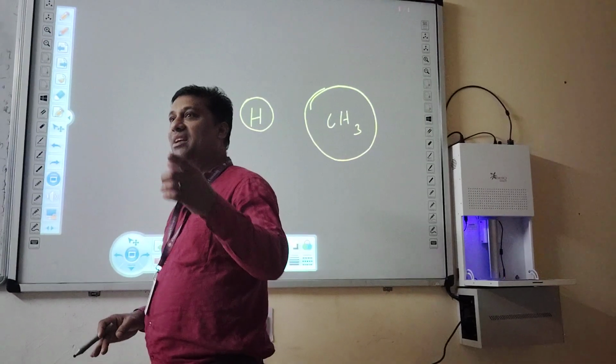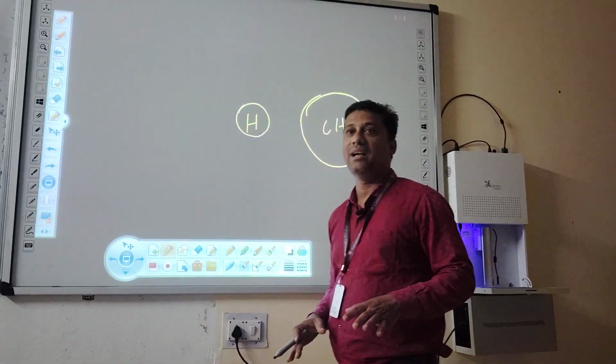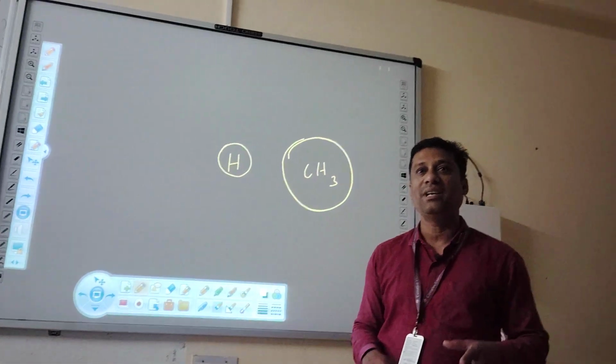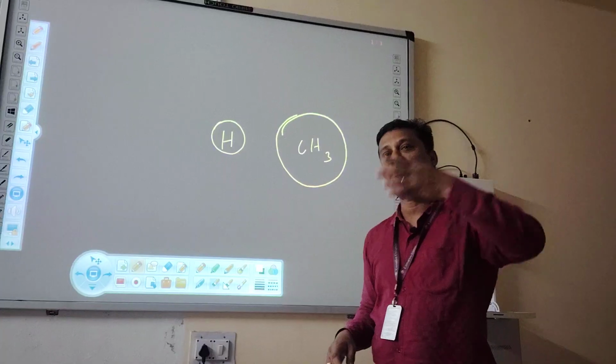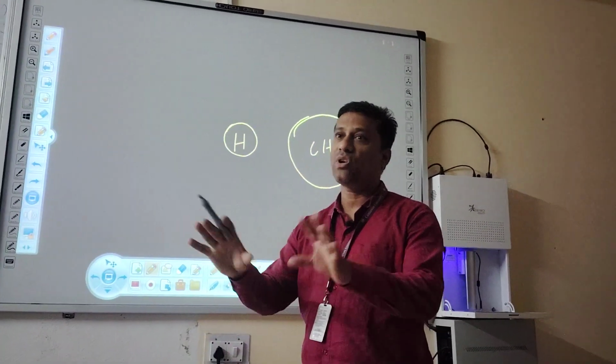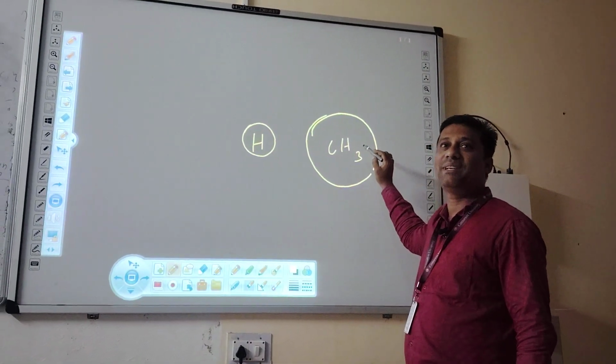That means you are at Gopalpur and there is a function there. At the time of any function, Durga Puja or Kali Puja, it is more crowded. You cannot get through the highway. Just like that, the methyl group is a bulky group.